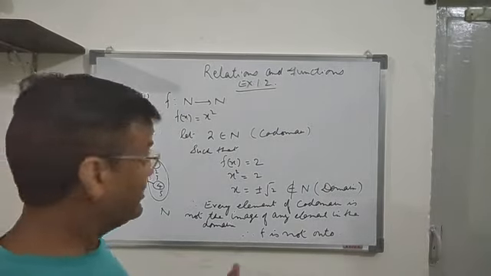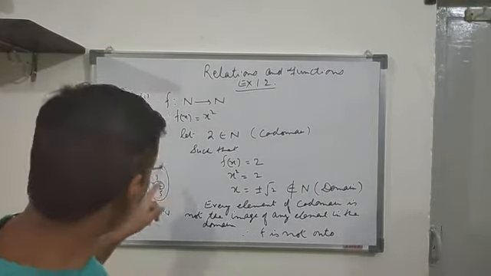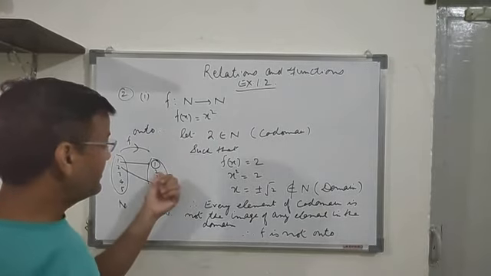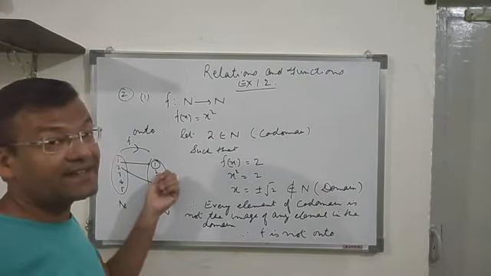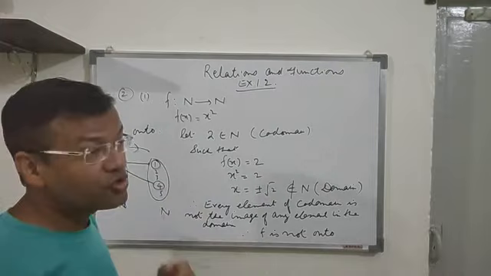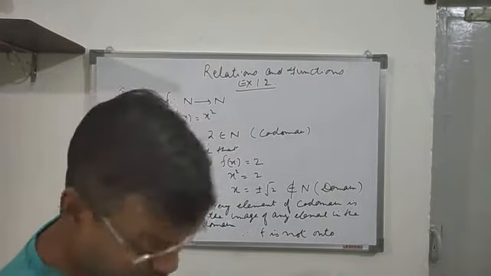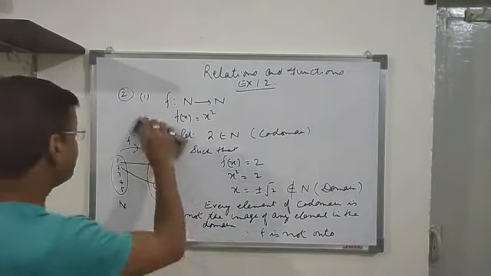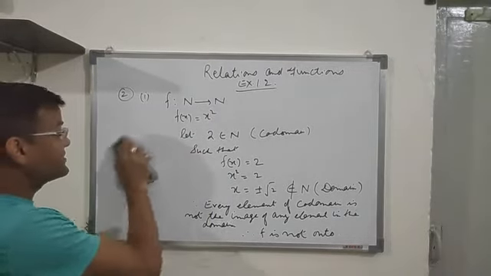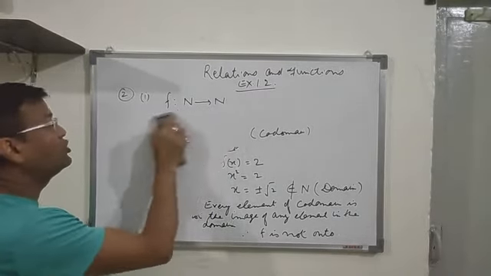So this shows that the function is not onto, because the onto definition says that none of the elements of the codomain should be left unassociated. So we say that it is not an onto function. This function is one-one but not onto.